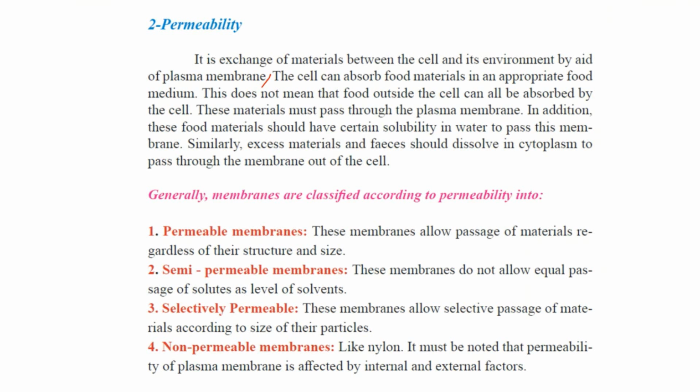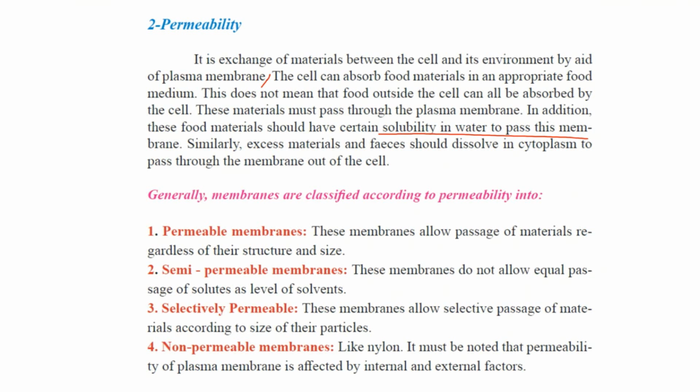The cell can absorb food material in an appropriate food medium. This does not mean that all food outside the cell can be absorbed by the cell as needed. These materials must pass through the plasma membrane. In addition, this food material should have a certain solubility in water to pass this membrane.